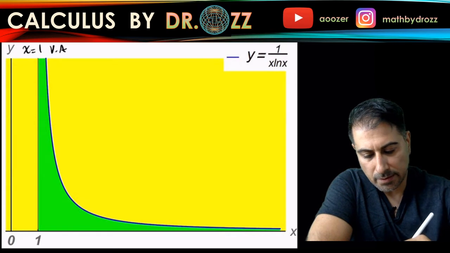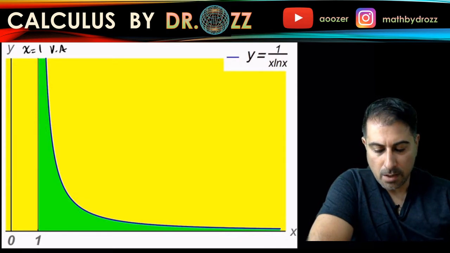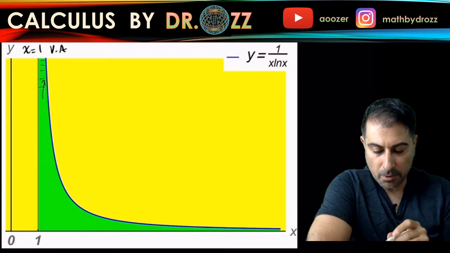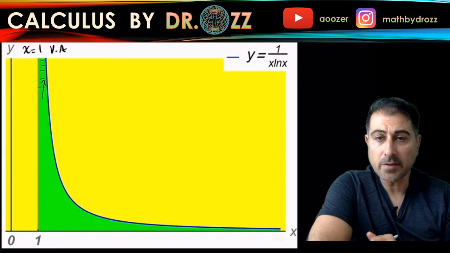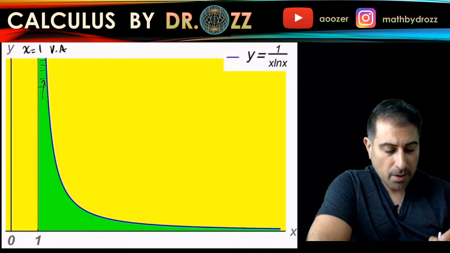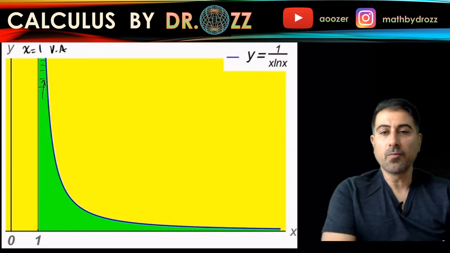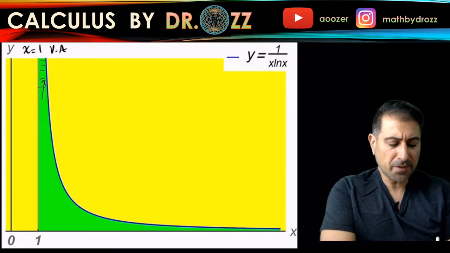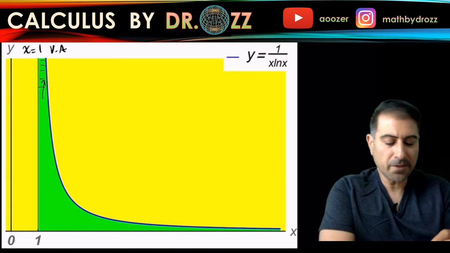Since there is infinite area going in this direction, we have to be double cautious, and we have to use one of the recipes to handle the left limit. But also, this interval of integration is 1 to infinity, so the other limit is infinity. Going in this direction, you have infinite area as well.